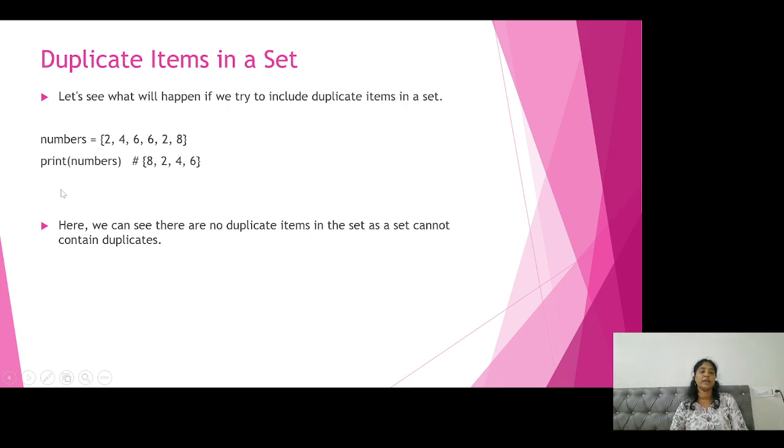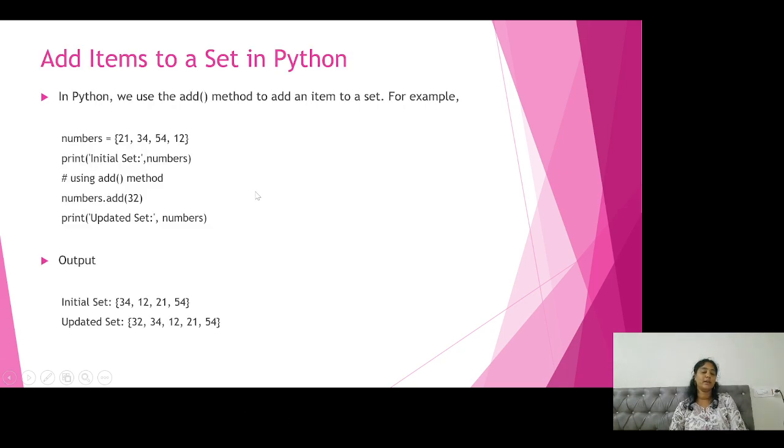When you try to print again, if you have written the print statement again here, it won't maintain the same order. You may get another order like 2468 or 2648. It won't maintain any order. That's why you can't index this, similar to tuples and lists.